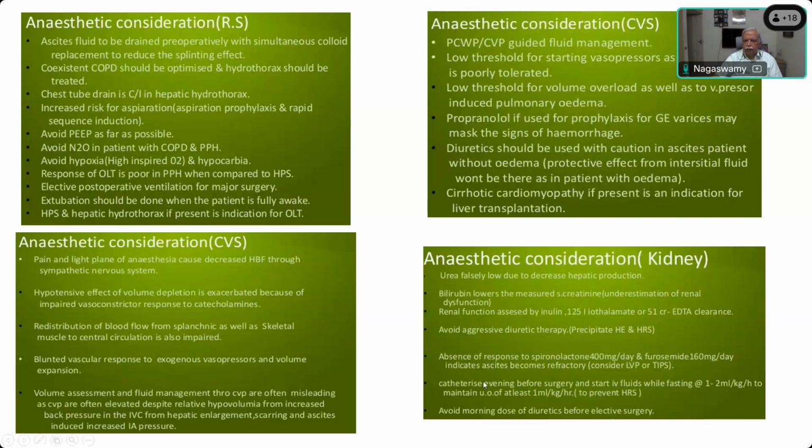But if it is not responding, it means the patient may need only drainage and not pharmacological therapy. And titrate the evening before surgery and start IV fluids while fasting also so that they don't become dehydrated, 1 to 2 ml per kg per hour to maintain urine output of at least 1 ml per kg to prevent hepatorenal syndrome. Avoid the morning dose of diuretics if the patient is already on diuretics.